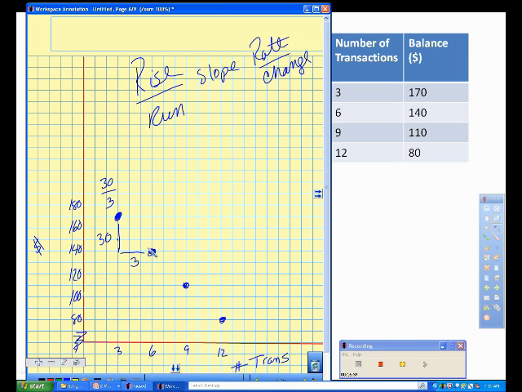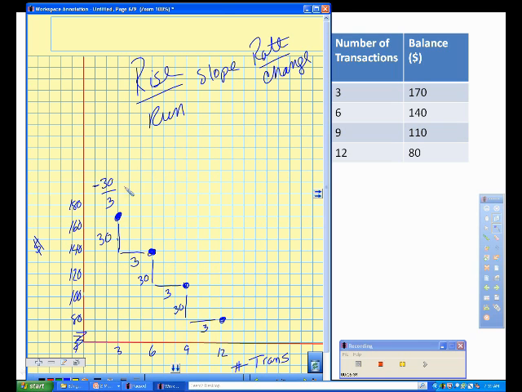Okay, let's see if it holds true for everything else. To go from here to here, again we went down 10, 20, 30, and then we increased by 3. Oh, sorry, I goofed and I should have put a negative in front of this 30 because it's going down 30. So that's a negative 30. Then I went down 10, 20, 30 again, and went to the right 3.